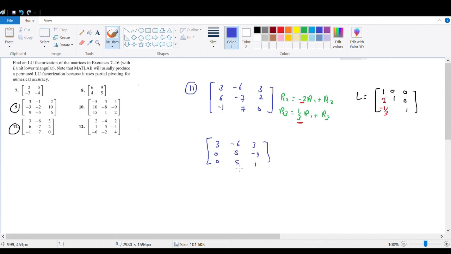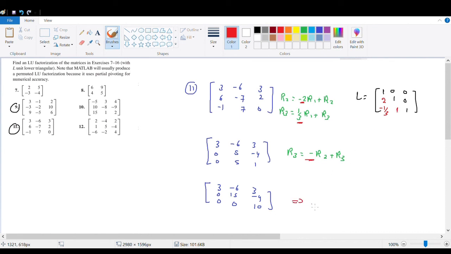Now we want to make this 5 to be 0. So from here row 3 is equal to -row 2 plus row 3. This will give us the new matrix 3 -6 3, 0 5 -4, 0 0 10. For this element we add -row 2 plus row 3, so we take the coefficient 1 with the sign flipped, so this one should be 1.